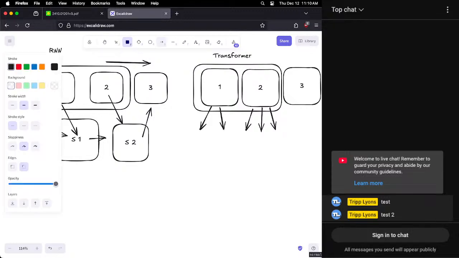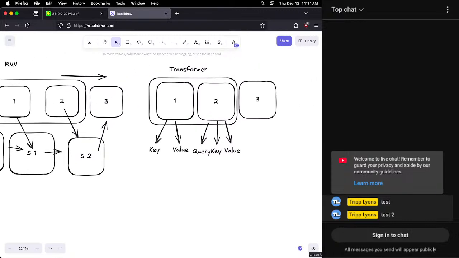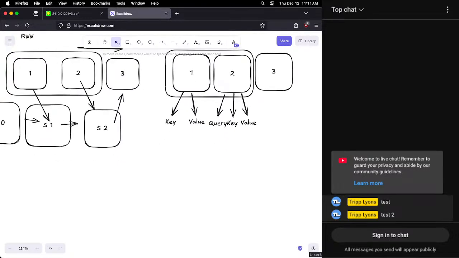Let's see, text, key, and then we have value, query. In order to find out the information from this last token, we can compute the similarity between this query and every other key.